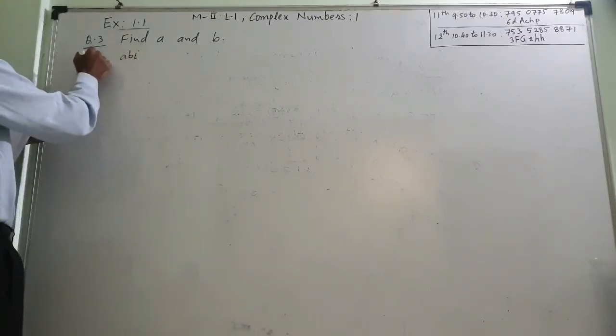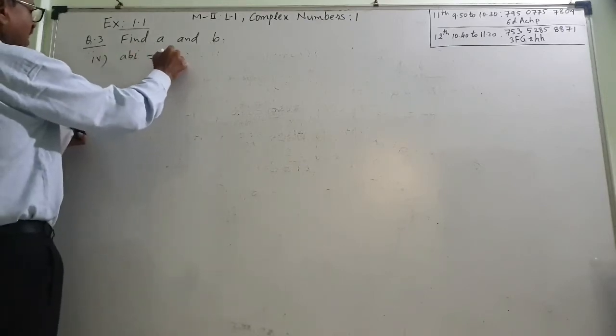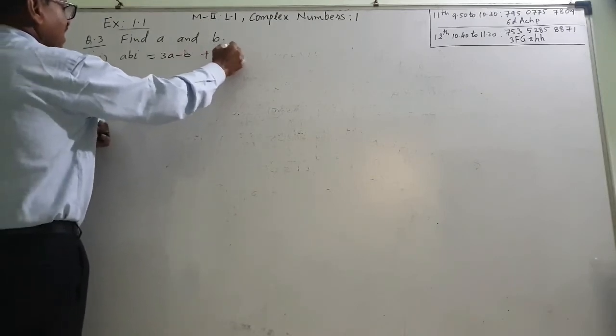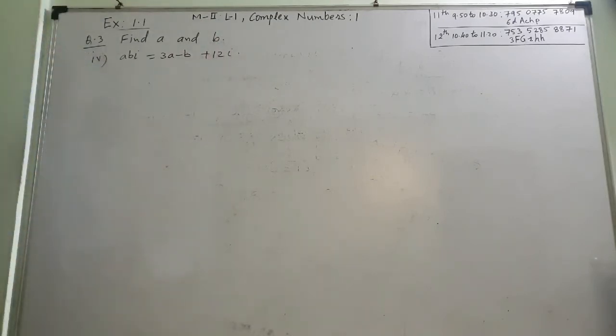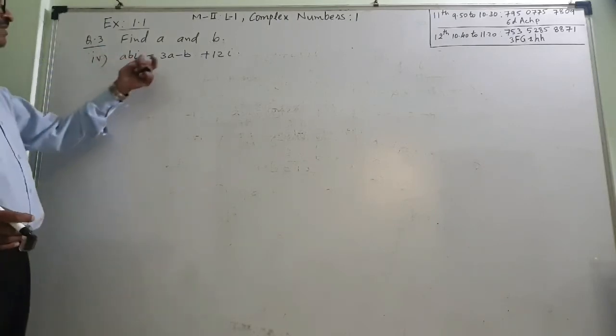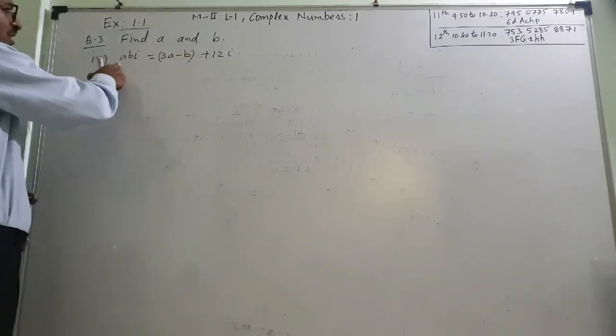This is the fourth one. abi is equal to 3a minus b plus 12i. This a and b is multiplied by i. But this is the real part here. This much is the real part. Here there is no real part.